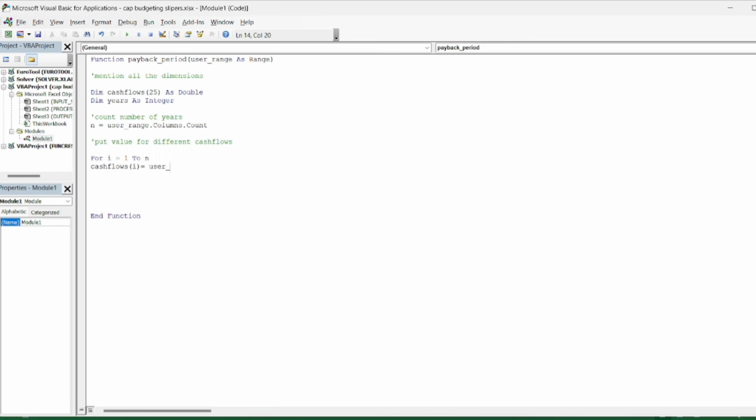Cash flow is equals to user range dot cells 1 comma I dot value, next I, and then sum equals to 0.